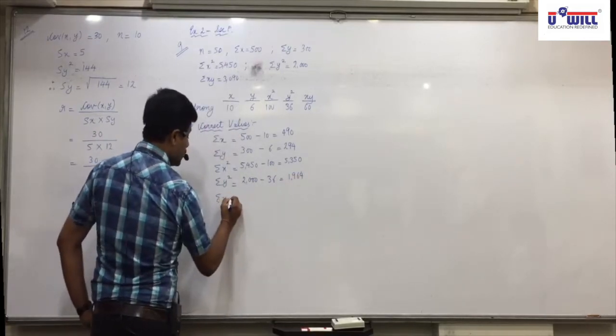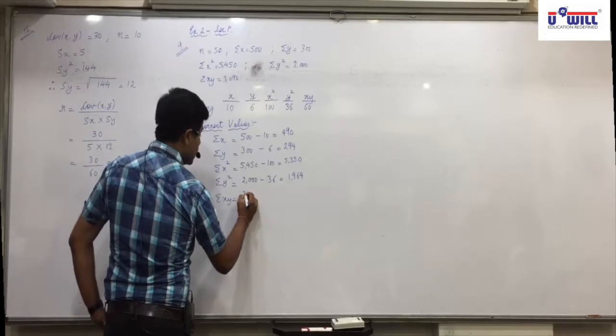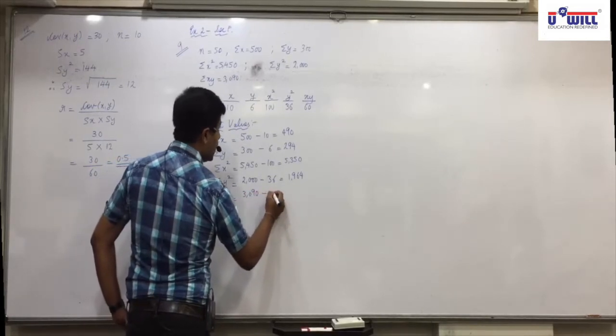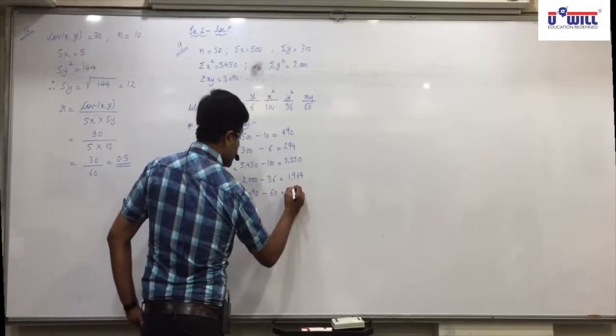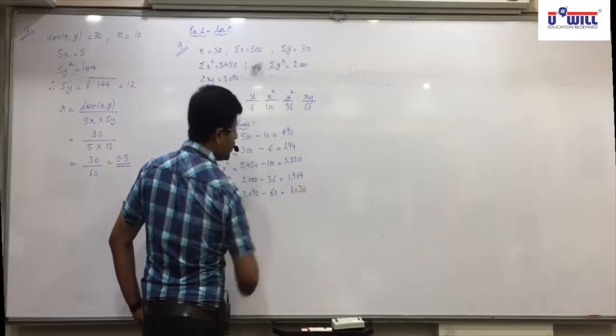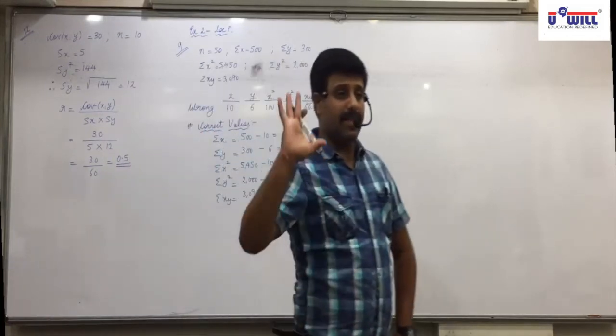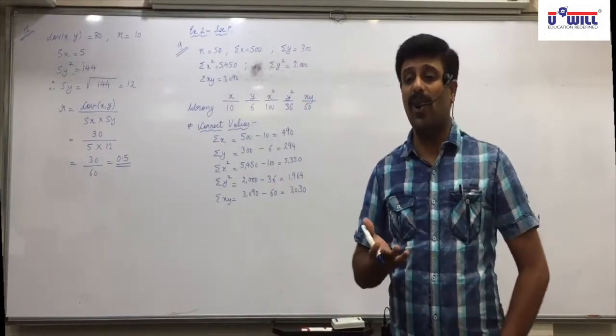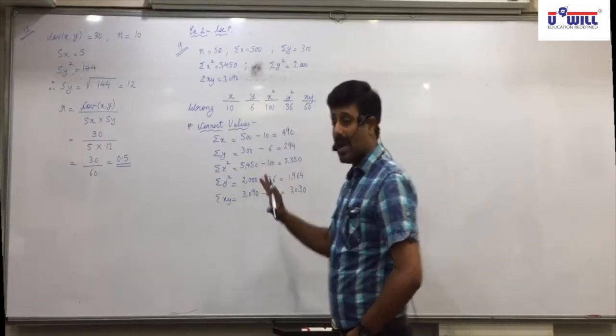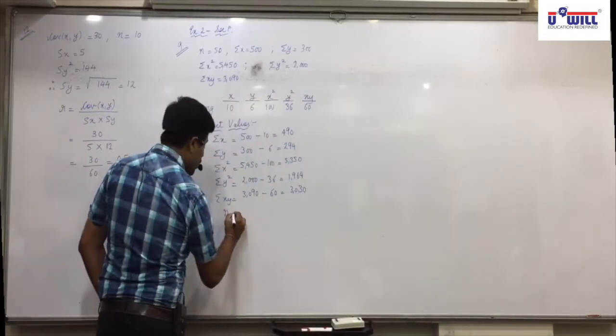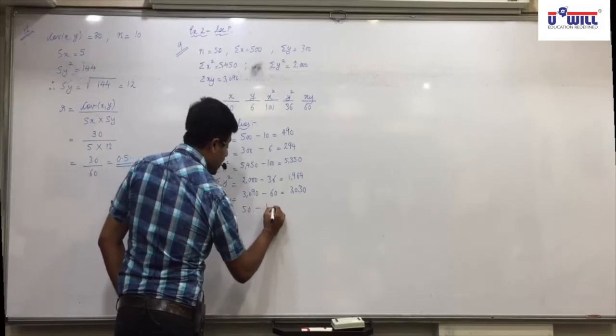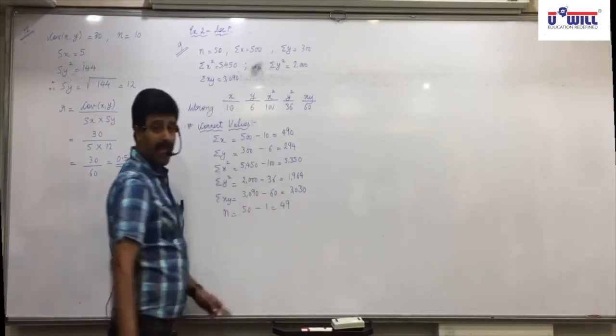And sigma xy, 3090 minus 60, 3030. Did you understand this everyone? Now we will apply the fourth formula but using the correct values. Also write down n is equal to 50 minus 1, 49. Why minus 1?